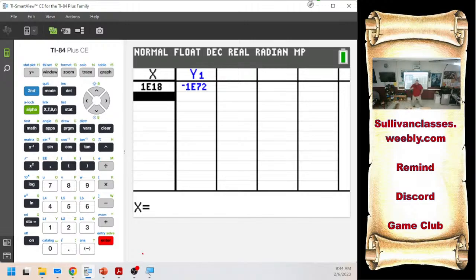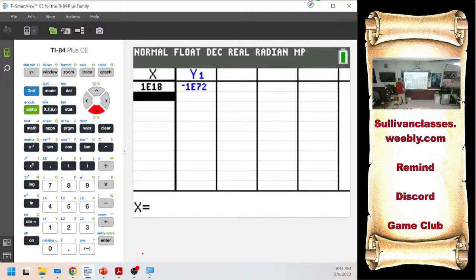So this is negative 1 with 72 zeros after that. What is that? A lot. Negative gigantosaurus number. Negative infinity. So that's what you write for your range.